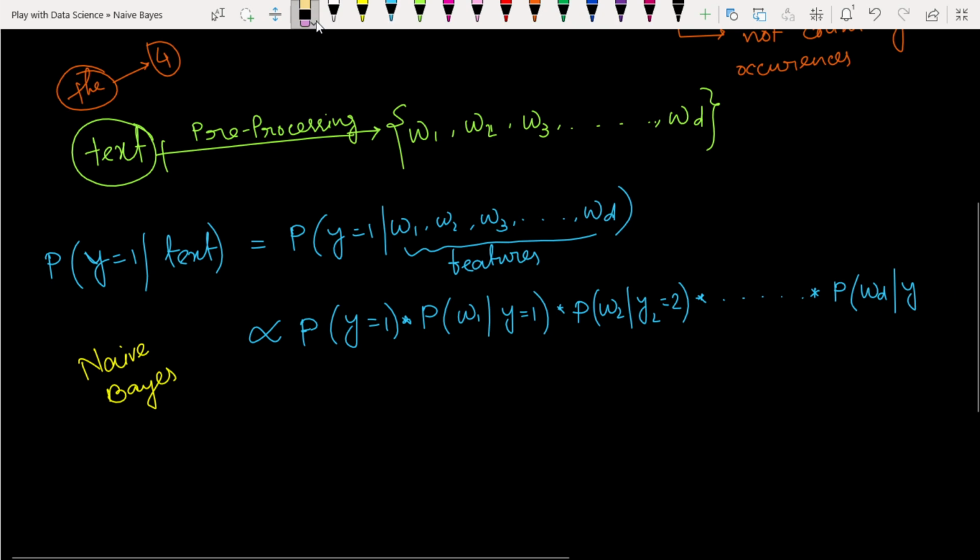Sorry, I made a mistake, this one will be 1. I think that's clear? I am just using the simple Bayes theorem here, nothing else. This will be proportional.